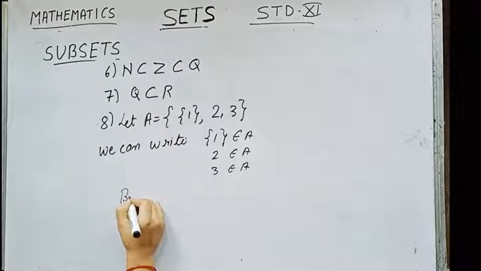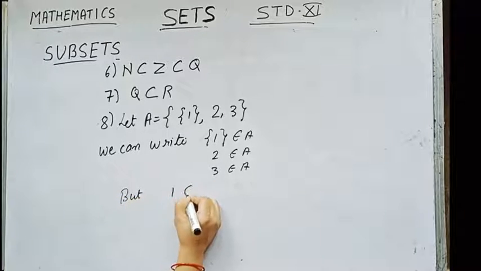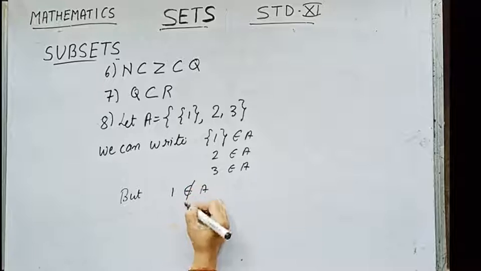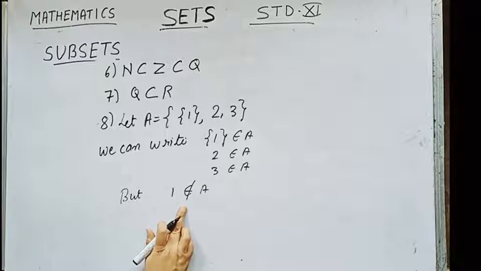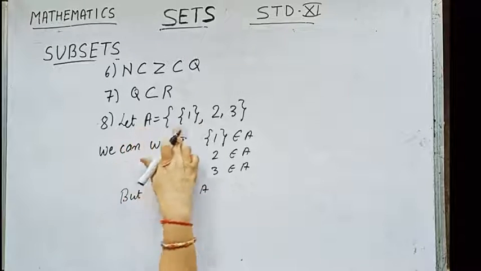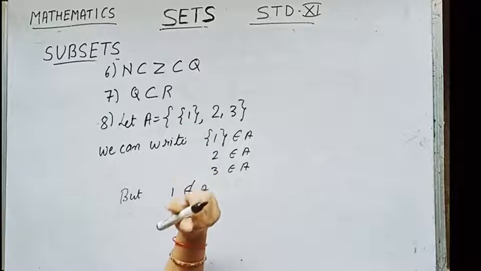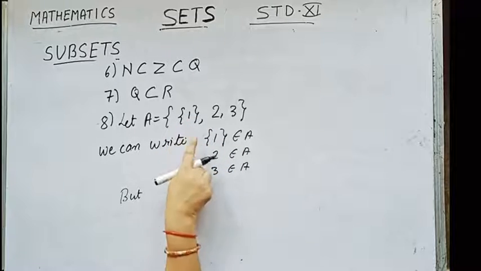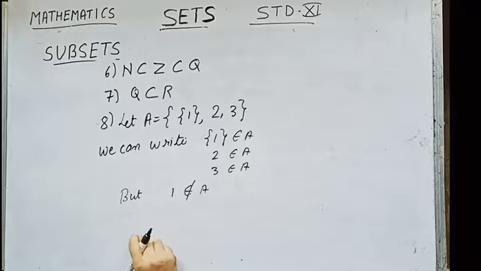But we cannot write 1 belongs to A. I think you understand. That is, the set A does not contain the element 1. It contains the element that is the set containing 1.